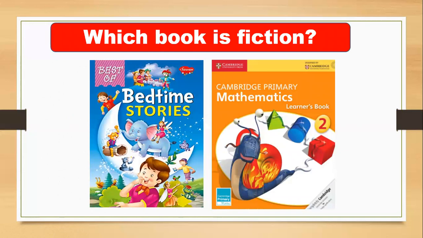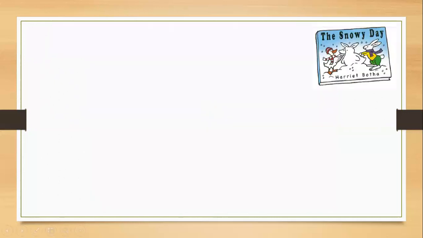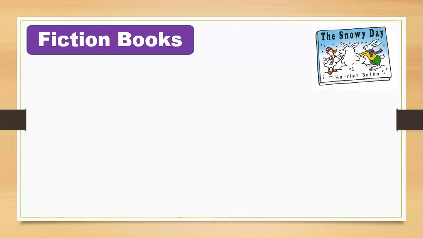Now here you can find the difference between the two kinds of books. So which book is fiction? Before we start this, I'm going to tell you about the fiction books. Fiction books are like storybooks, okay?